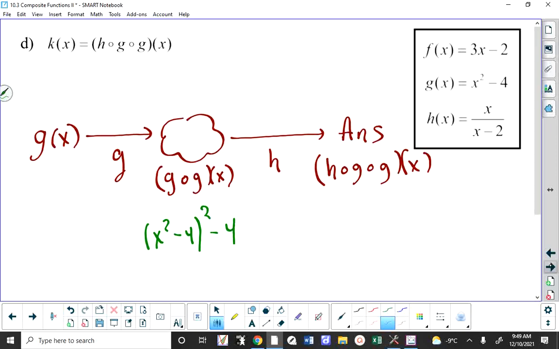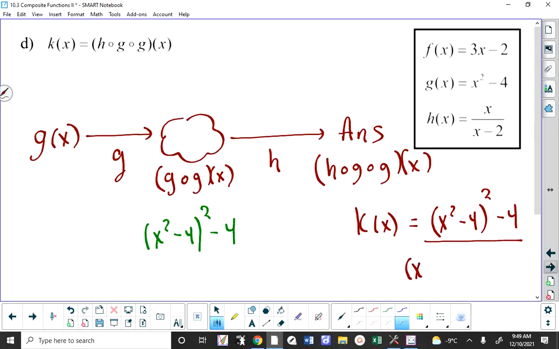That's unimportant. That now is going to go through h, so our answer is going to be, well, h has an input of x on the top. Our input is x squared minus 4 quantity squared minus 4 over the input minus 2, which is x squared minus 4 quantity squared minus 4 minus 2.